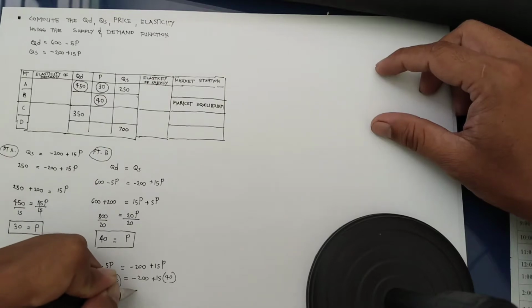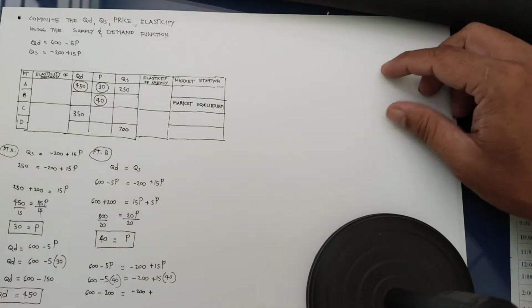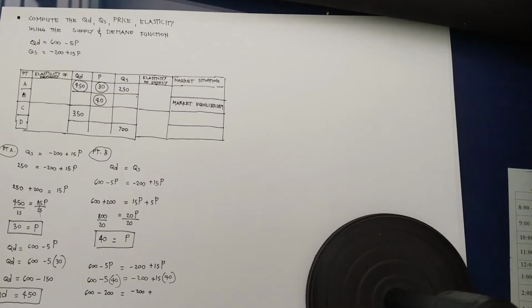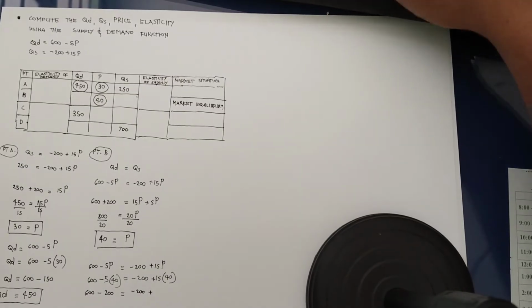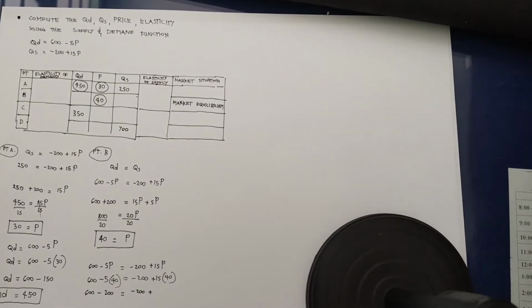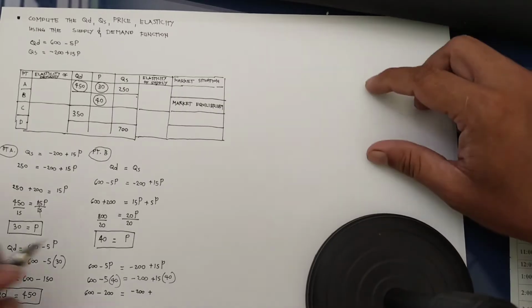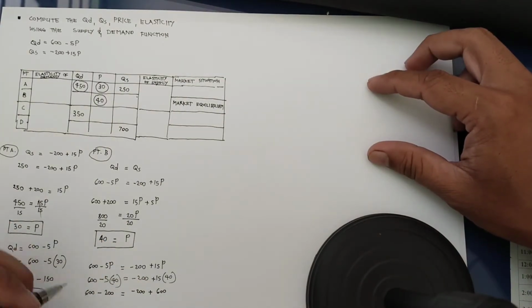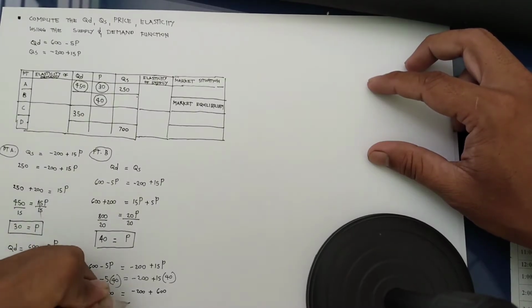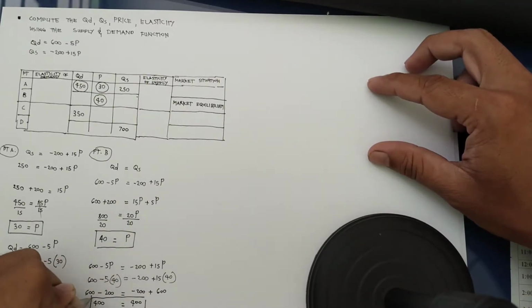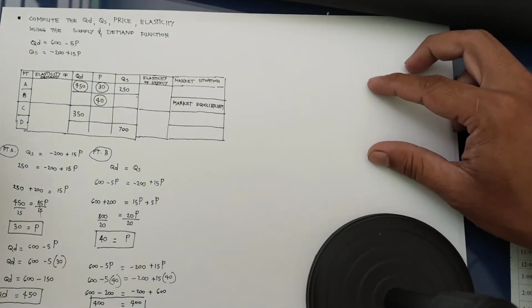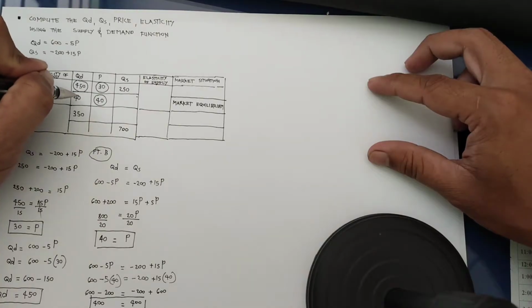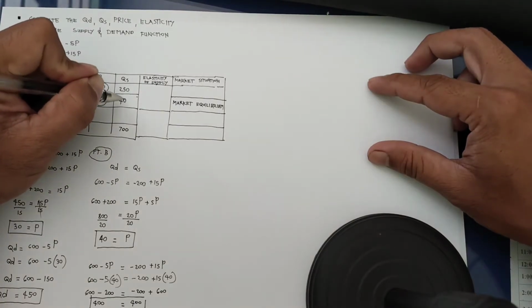Is equals to negative 200 plus 15 times 40. 15 times 40 is 600. Okay, 600 minus 200, that would be 400, is equals to 400. So we'll put it here, 400 and 400.